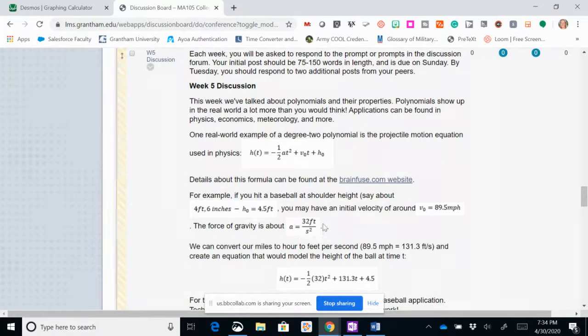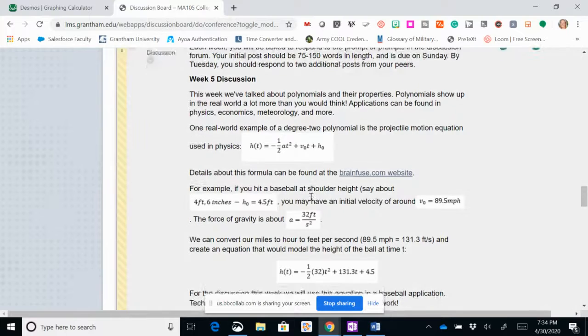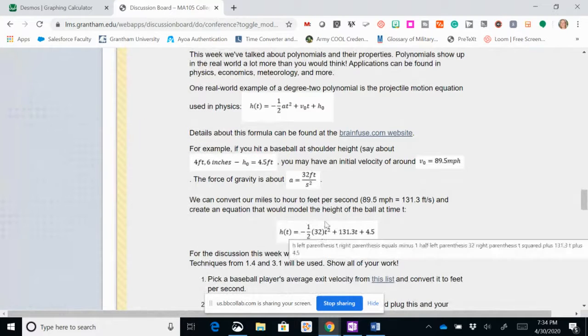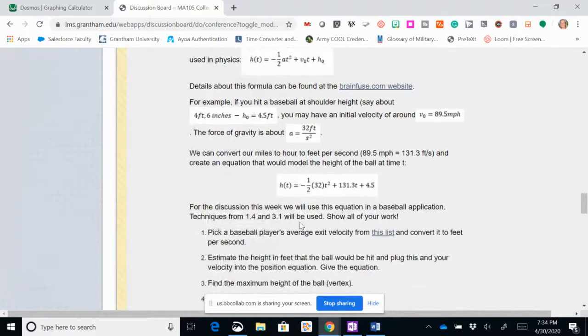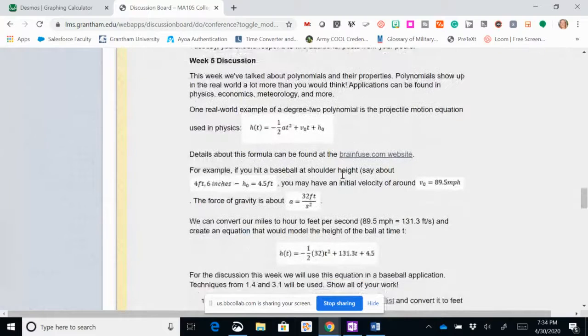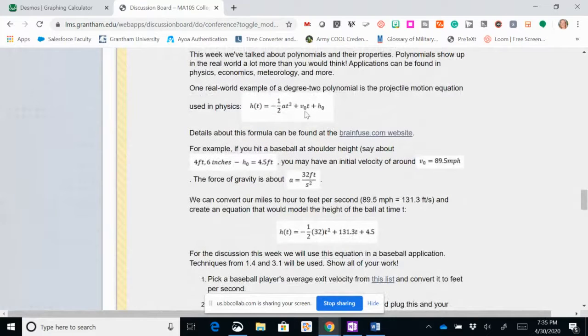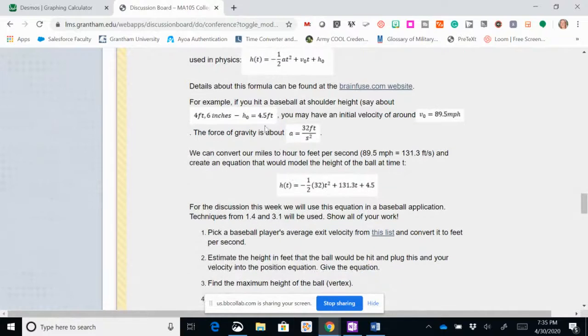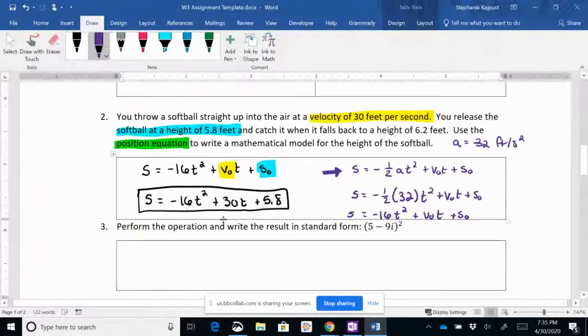So you can see I'm explaining the 32 feet per second squared, plugging it in, and basically going through what I just demonstrated. We're going to be using this same equation, plugging in numbers for the velocity and the height, just like we did, and then using the quadratic formula on it. So you're going to be creating an equation like this, and then doing the quadratic formula.